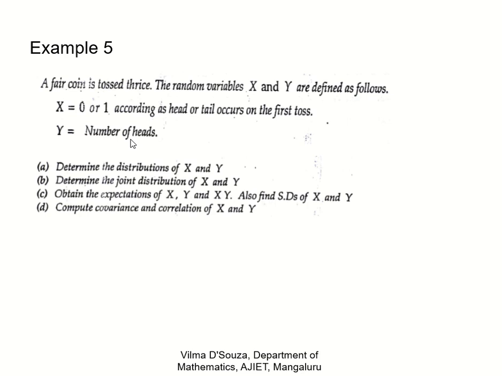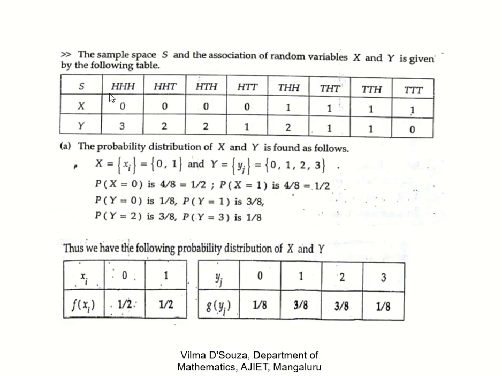Now we shall see what values X and Y can take. You can observe here the sample space. You are tossing a coin thrice. The sample space is given like this: HHH, HHT, HTH, HTT, THH, THT, TTH and TTT.